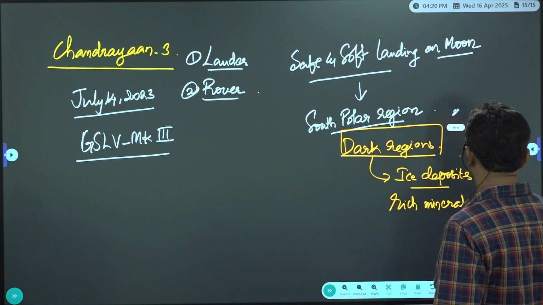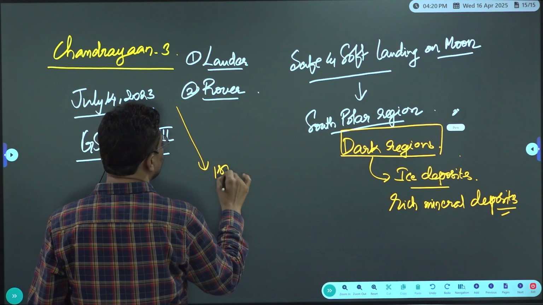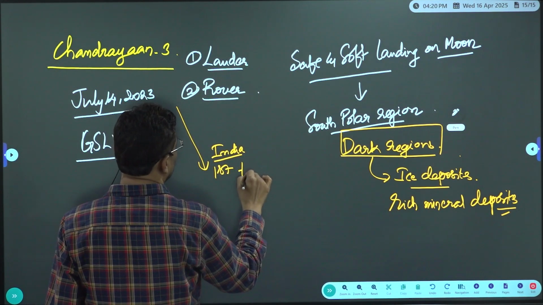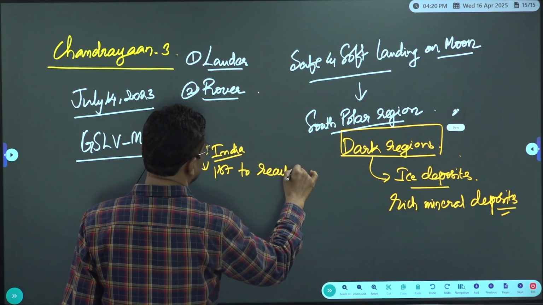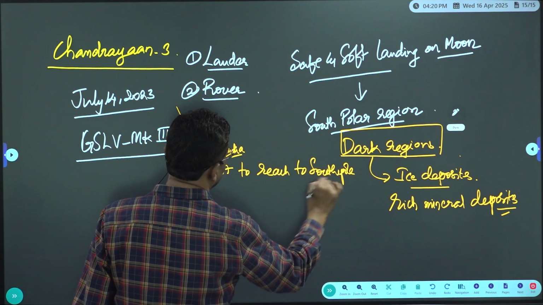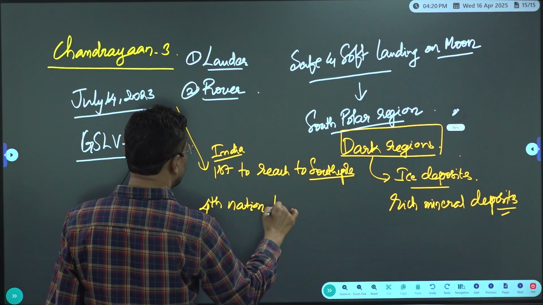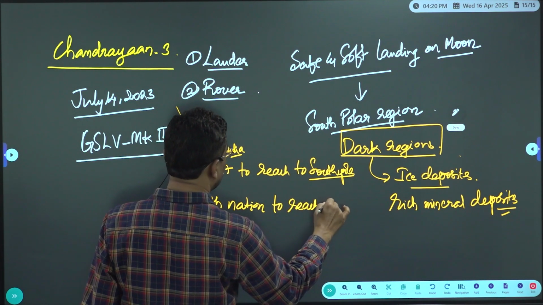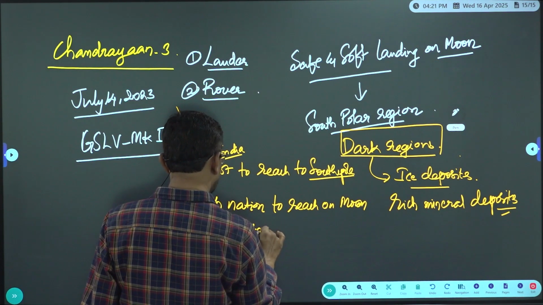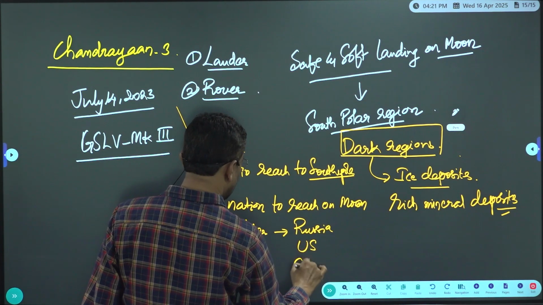So thereby with this Chandrayaan 3 mission, India became the first to reach the South Pole of the moon, and became the fourth nation to reach the moon, after Russia, US and China.